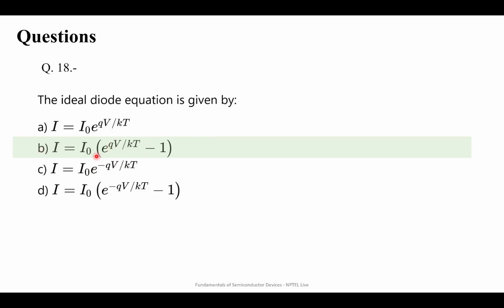In this formula, I naught is your minority carrier concentration term, and e power qV by kT is the excess carriers injected due to the applied potential. Here V is the applied potential.